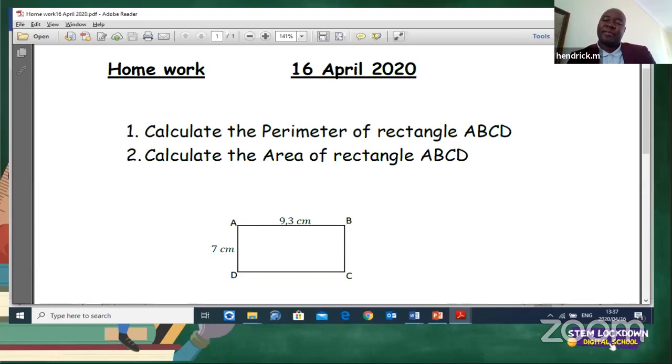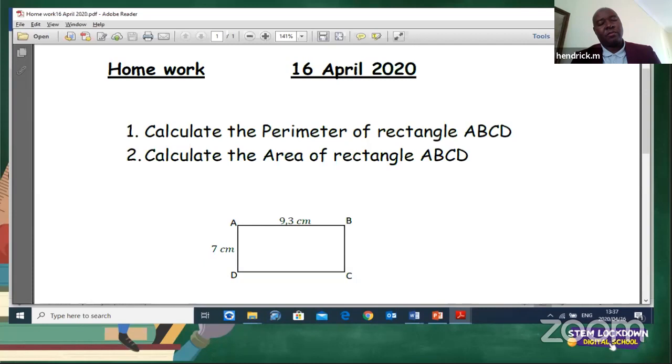I did 9,3 plus 9,3. Then after that I did the same for 7.